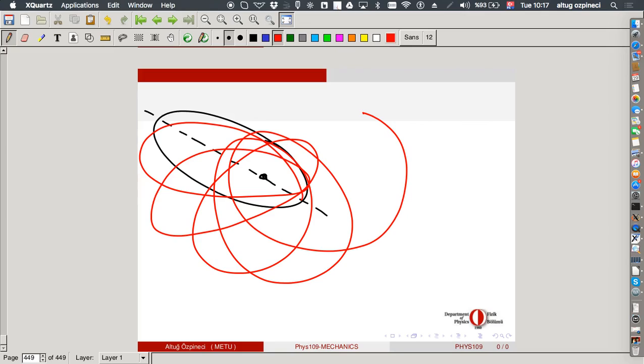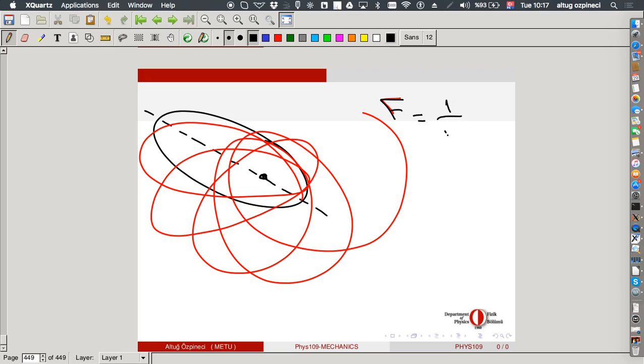And then, of course, Newton came, Einstein came. He had his new theory of general relativity, and using this new theory of gravity, he showed that you can still write down an effective gravitational force.